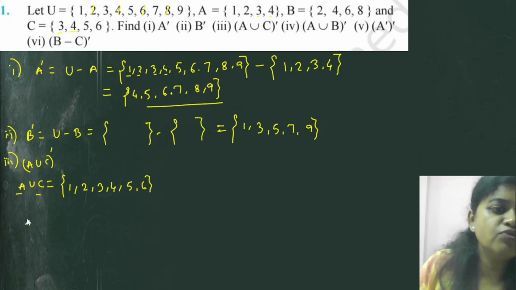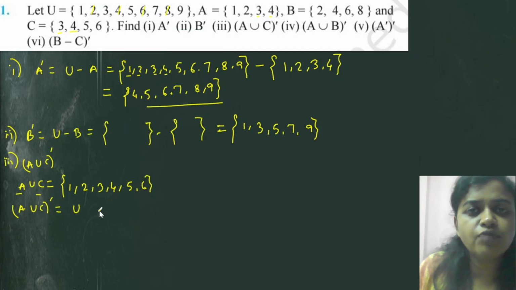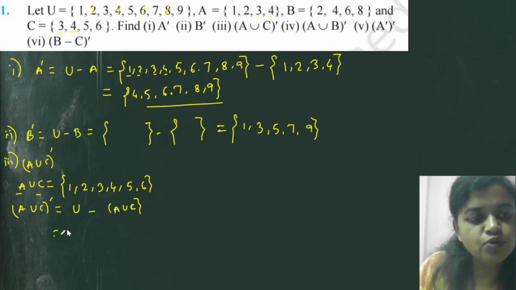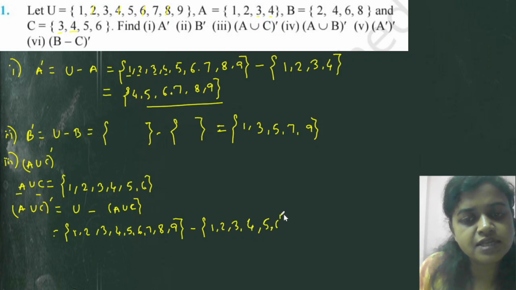So now we have to find A union C complement. Basically you have to find U minus A union C. Clear? And U is 1, 2, 3, 4, 5, 6, 7, 8 and 9, and A union C is 1, 2, 3, 4, 5, 6.